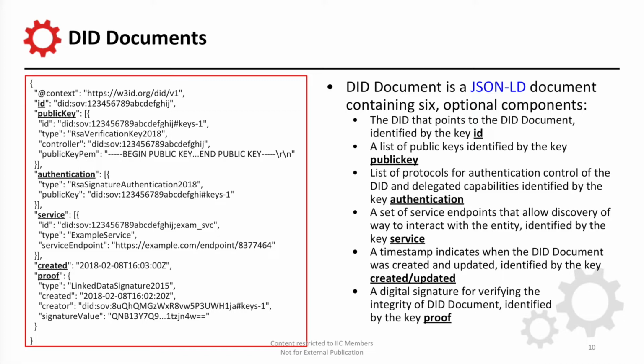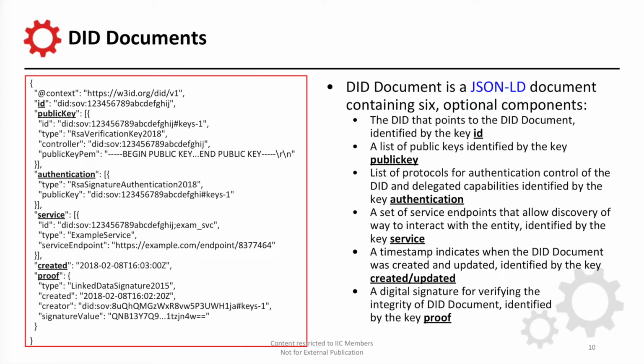The idea of JSON-LD is to enable machines to better understand what this document is talking about with well-defined vocabularies. From here, the DID document has 6 optional components. Yeah, that's how flexible it is.